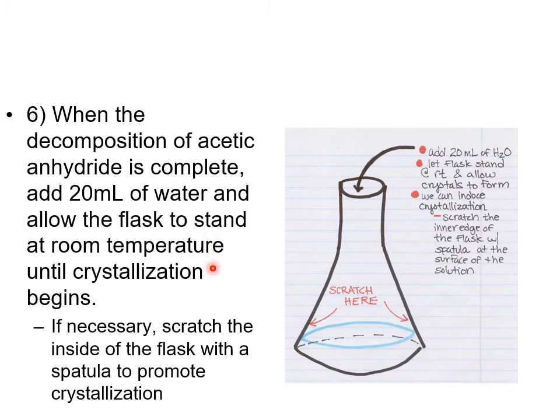If you see that there aren't any crystals, you could scratch the sides of the glass, right? And this could create seed crystals in the glass and allow the crystals of the product to start forming. So basically the crystallization happens when the product becomes insoluble and it starts to get together into regular crystal structures, right? As we discussed in a previous lecture.